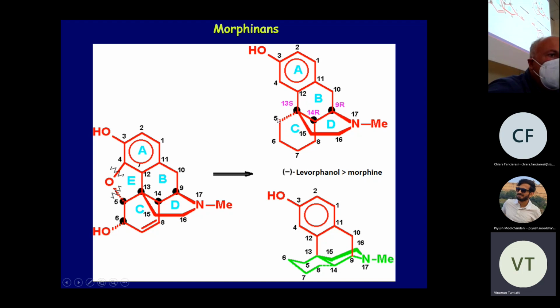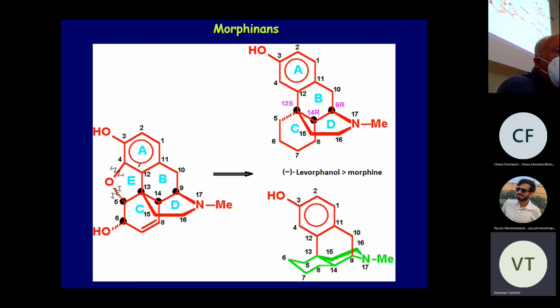If we have all groups, all features similar to morphine, we have levorphanol, minus levorphanol. Minus levorphanol is characterized by the lack of the oxygen bridge between 4 and 5.